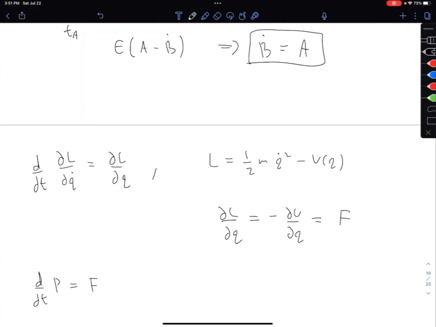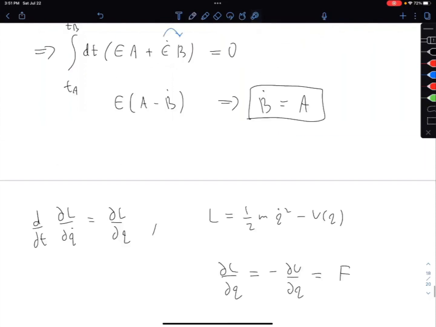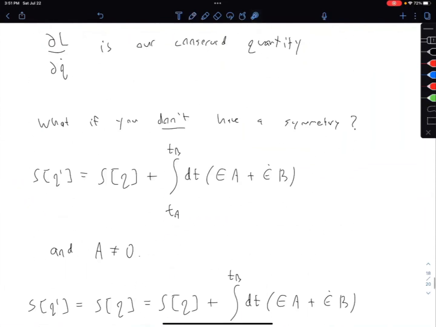Similarly, if you did a rotation but you didn't have a symmetry, you would find that the time rate of change of the angular momentum was equal to the torque. You could derive the expression of the torque simply by making epsilon depend on time, doing this transformation, and identifying A as your torque.